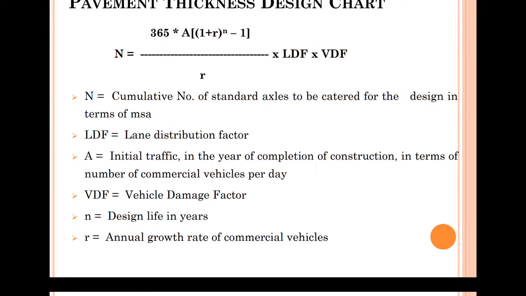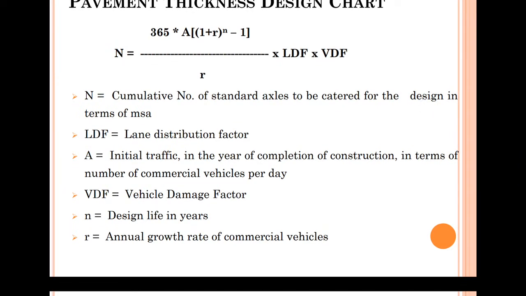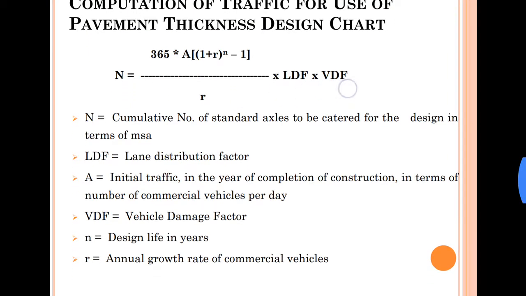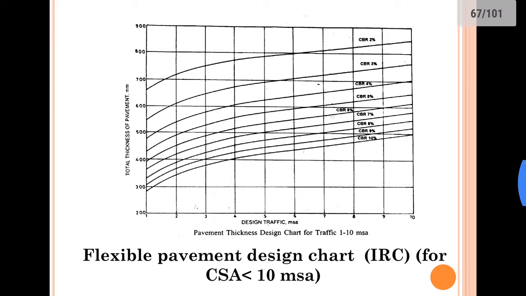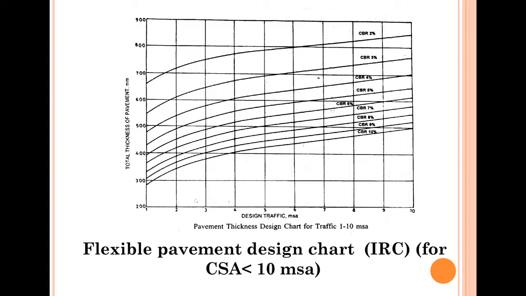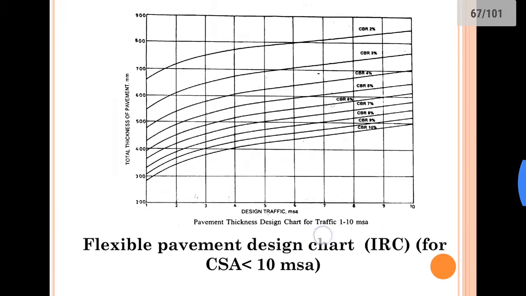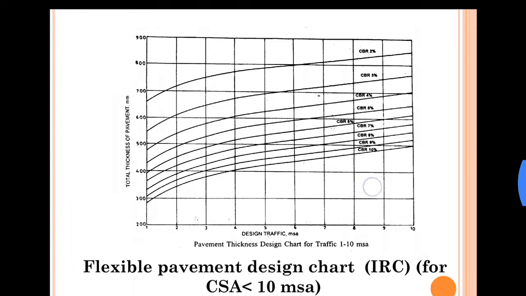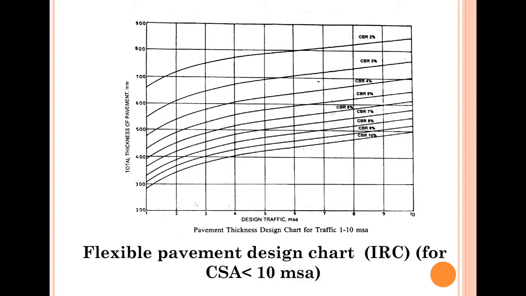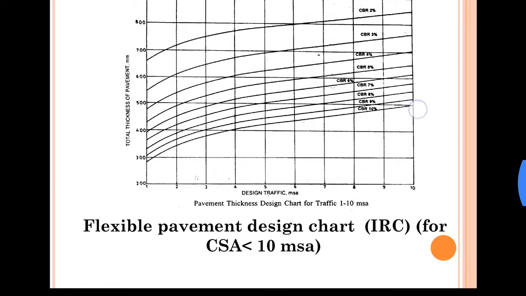So this is the formula we use in order to find out the cumulative number of standard axles to be catered for design. Now where do we use this value? We have these charts that have been given in IRC 37 2001. From these charts you can directly find out the total thickness of the pavement, since the CBR value will be given in the question itself while you design.